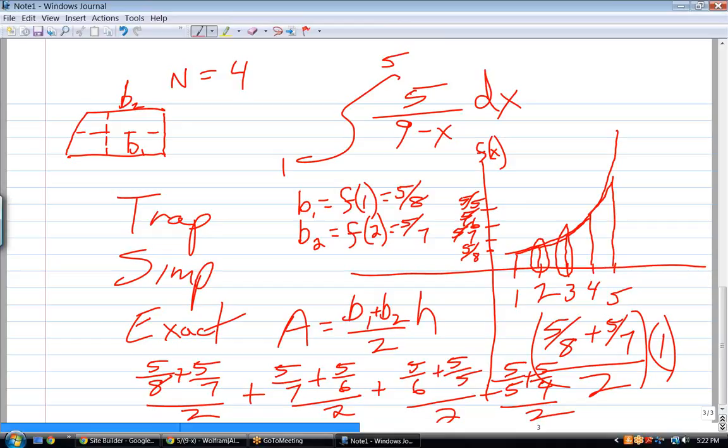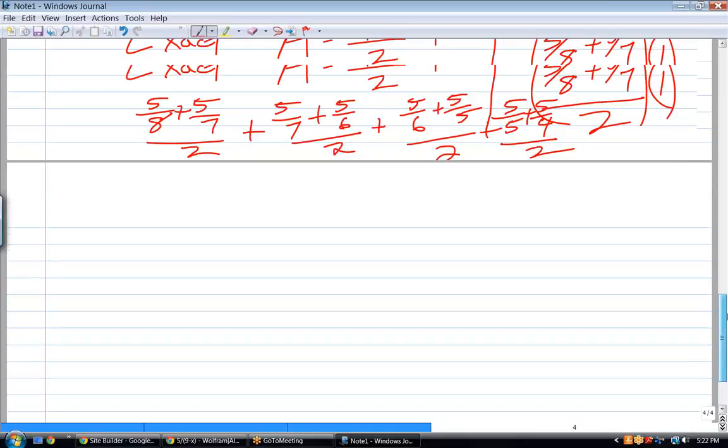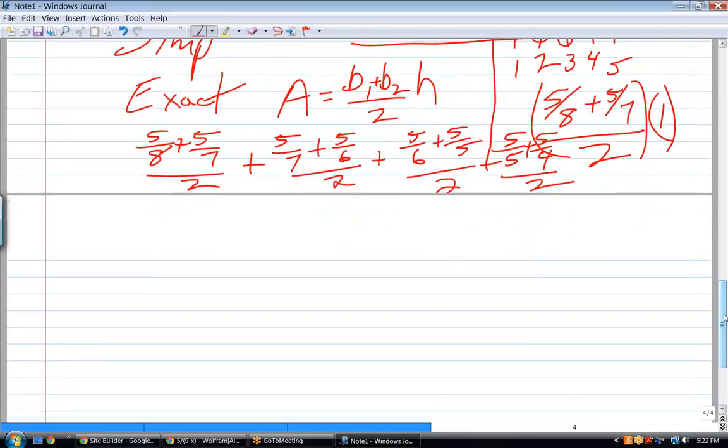Okay. Now there is a formula, and let me write it, and you can see why this is the formula for the trapezoidal method.